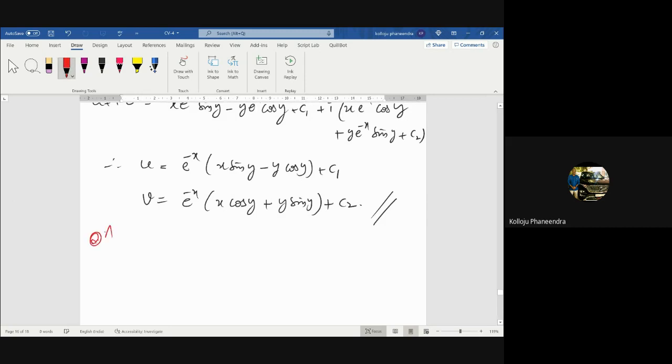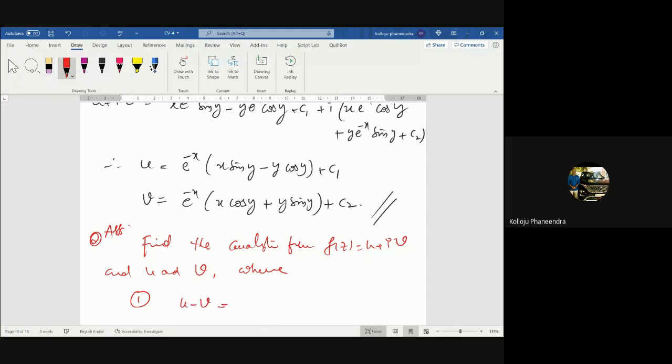Okay. Take the assignment problem. Find the analytic function f of z equal to u plus iv, where, first question, it's very big, u minus v equal to (x minus y)(x square plus 4xy plus y square).